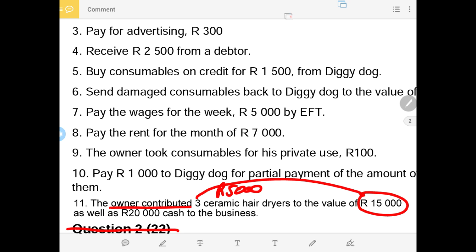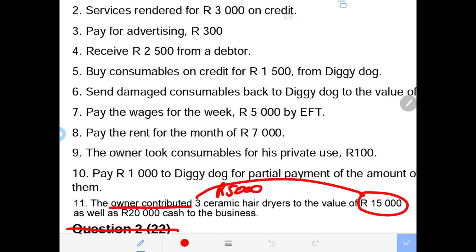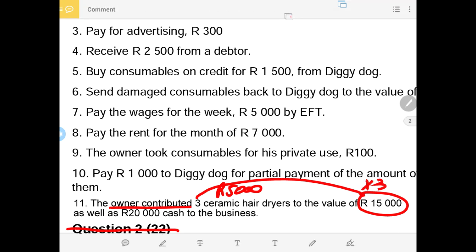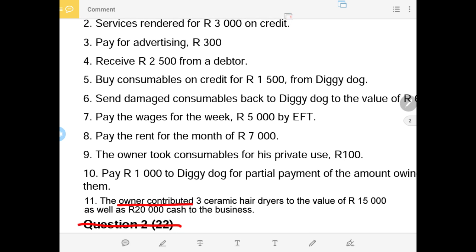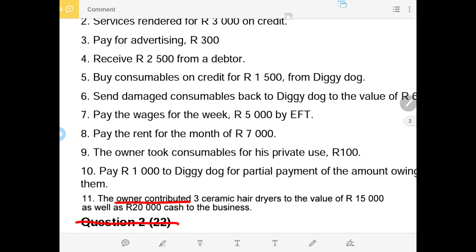Otherwise, if they said to the value of 15,000 each, that means we would need to multiply by 3, because each of them has a value of 15,000. Therefore, we would multiply to get the total of all three. But in this case, the 15,000 is for all of them. Just be mindful of such English terminology that can change everything.